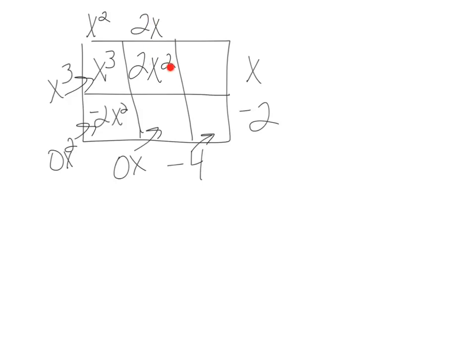So 2x times x is 2x squared. 2x times negative 2 is negative 2x. To get that to be 0, I would need a positive 2x, which would mean I need a 2 up here, because 2 times x is 2x, and 2 times negative 2 is negative 4.